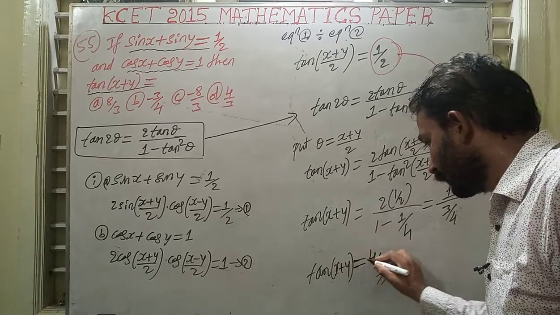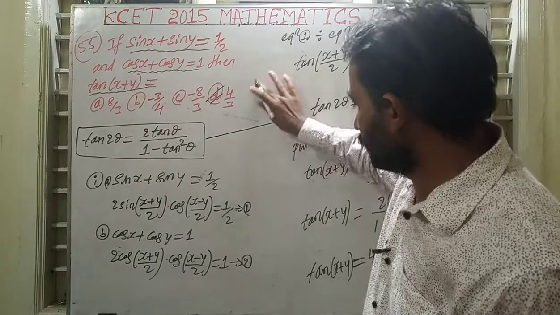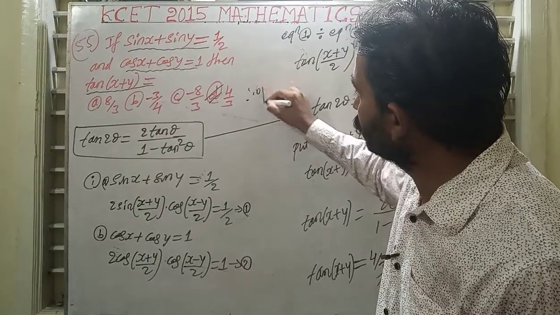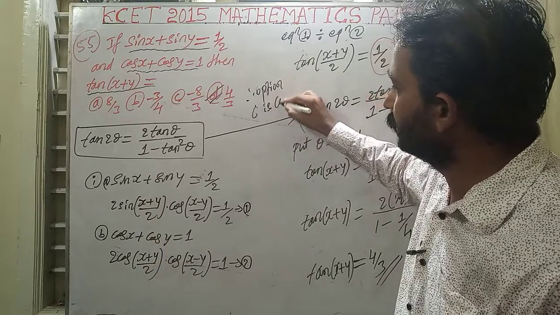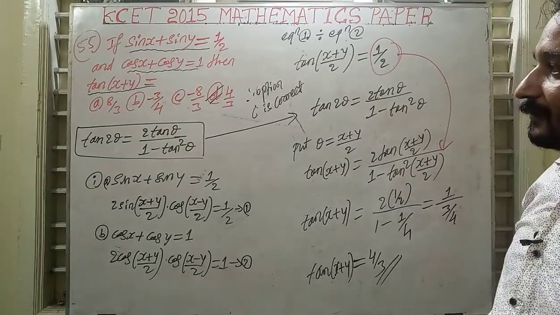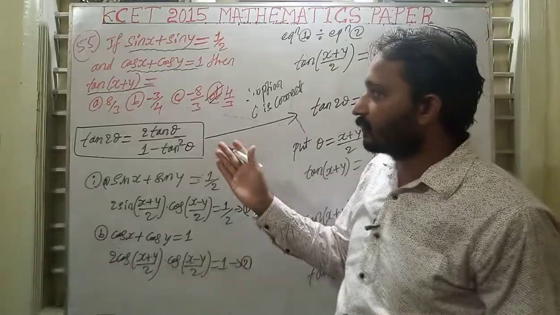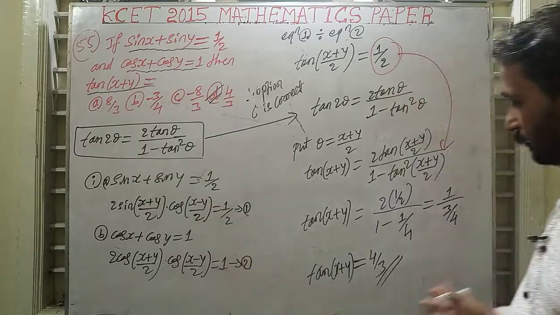The answer is 4 by 3. So the option with 4 by 3 is the correct answer. This is a moderate problem. Usually they ask this type of question on this chapter in JEE also. So take note.